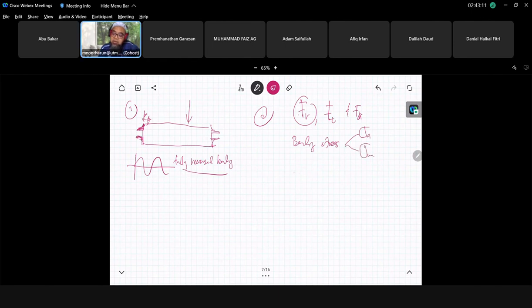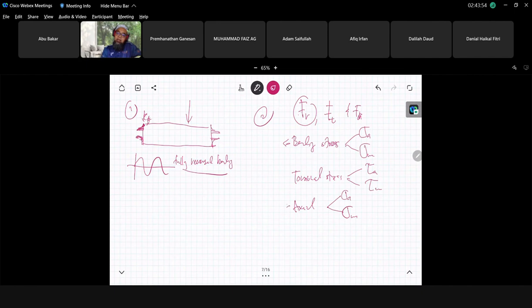Then torsional stress, alternating and mean. Then axial load, sigma alternating caused by axial loads and sigma mean.